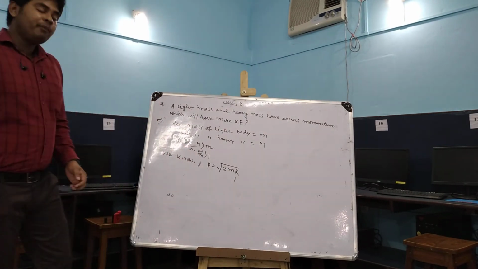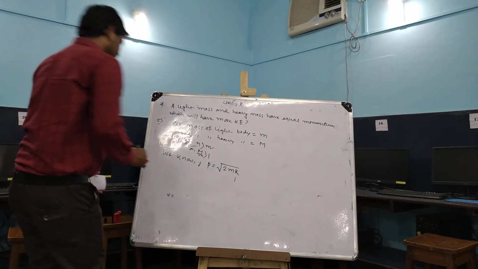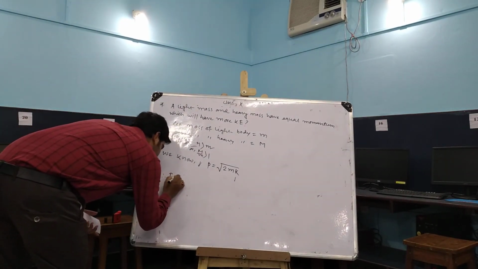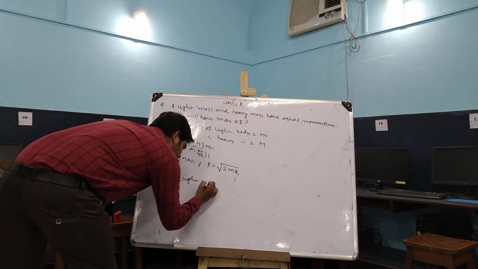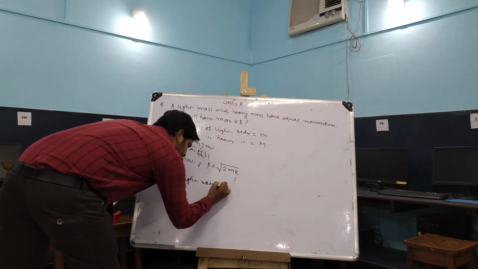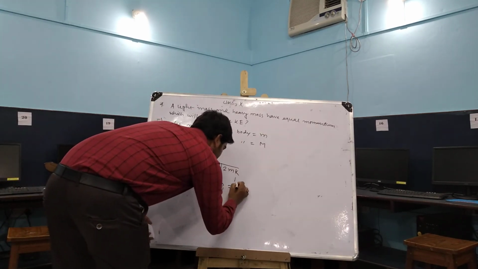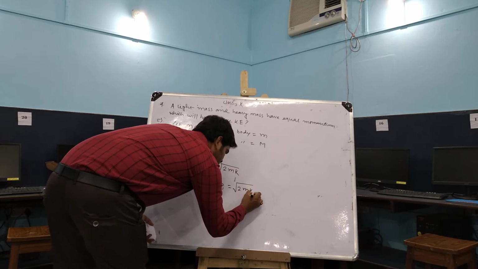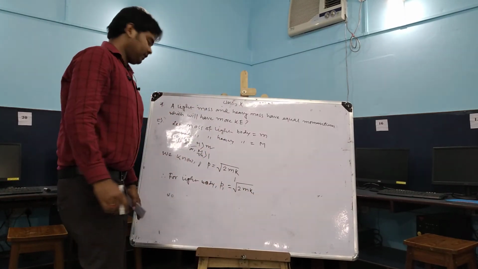For the lighter body, P1 is equal to under root of 2m K1, where K1 is the kinetic energy of the lighter body.